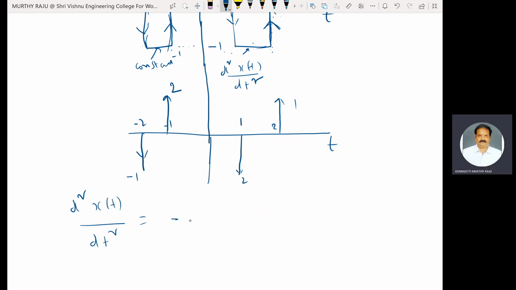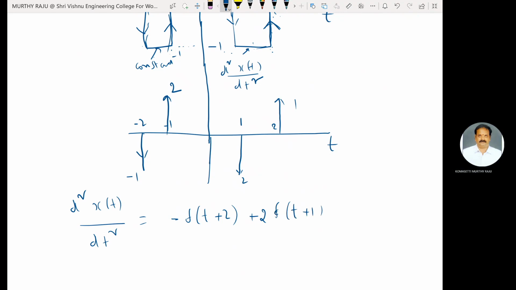Amplitude is minus delta of t plus 2, because we consider the left hand side. Delay here +2 into delta of t plus 1.